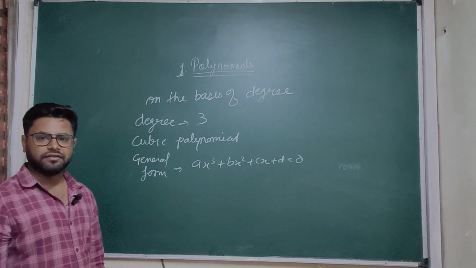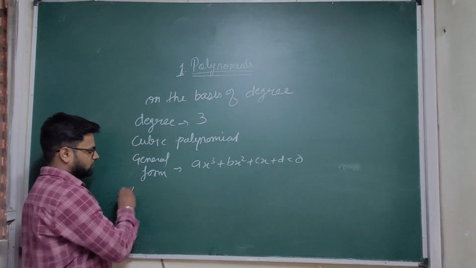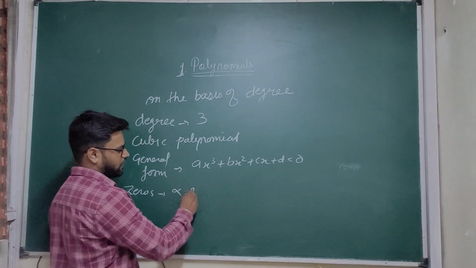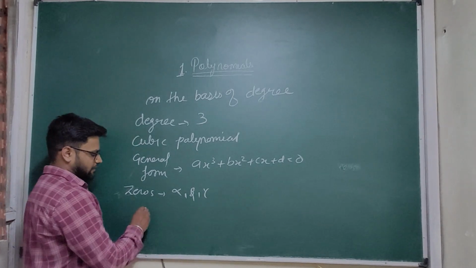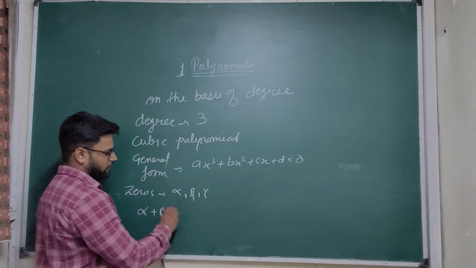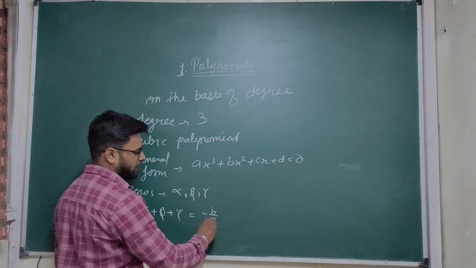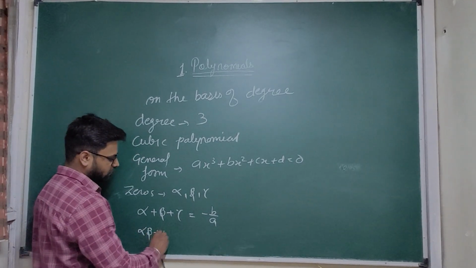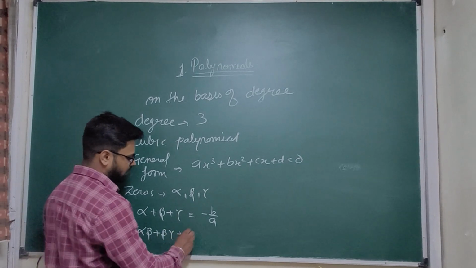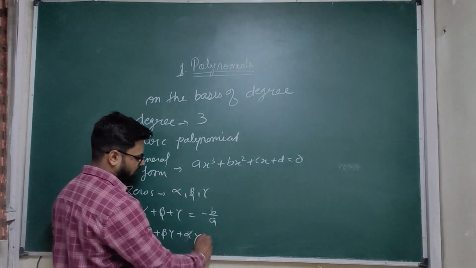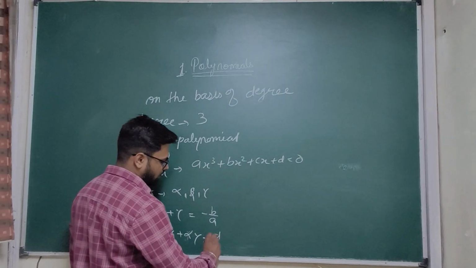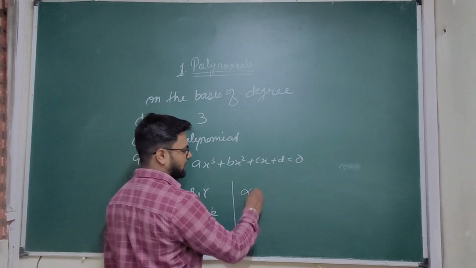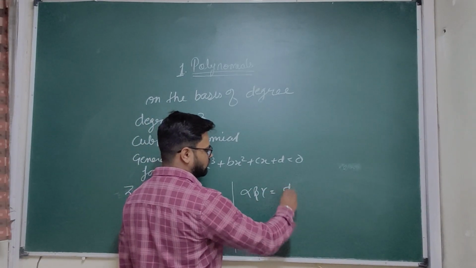It has three zeros named alpha, beta and gamma. The sum of zeros, alpha plus beta plus gamma, is equal to minus b by a. And alpha beta plus beta gamma plus gamma alpha is equal to c by a.